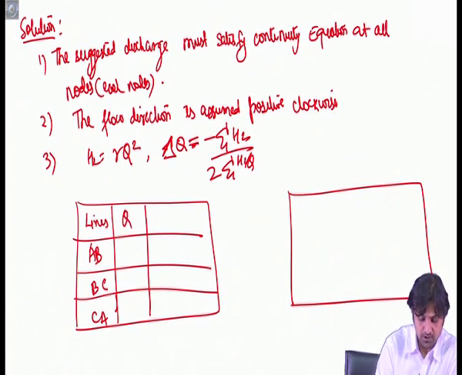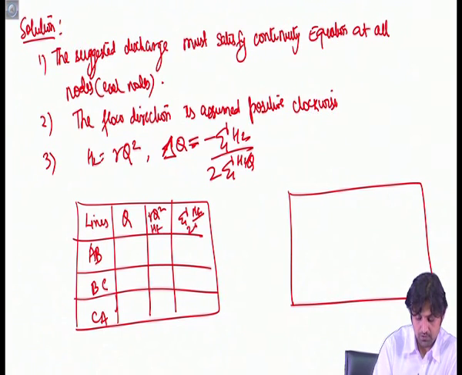There is going to be Q that you have assumed, and then you have RQ square, or HF, and then you have sigma HF by sigma HL by Q.